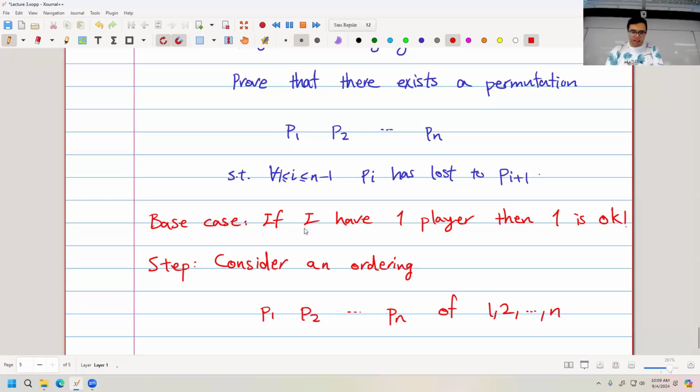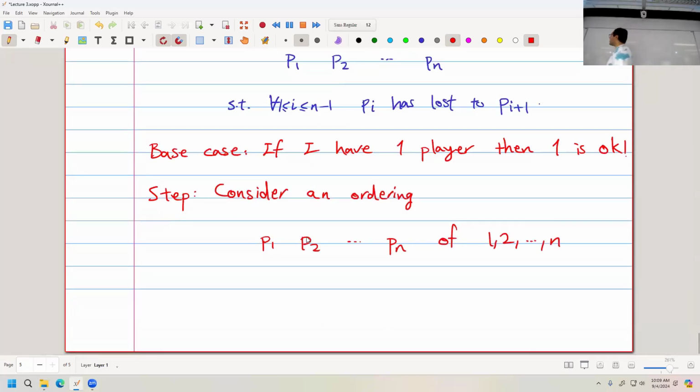I want to add player n plus 1 somewhere in this ordering. Where can I add this new player? Well, I just check. Did n plus 1 lose to this last player here? Or did n plus 1 win against this last player here?